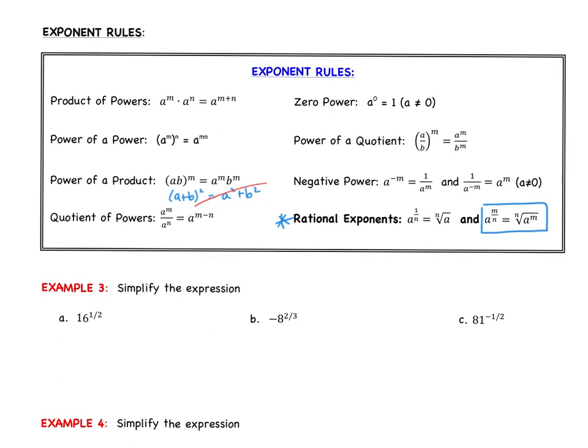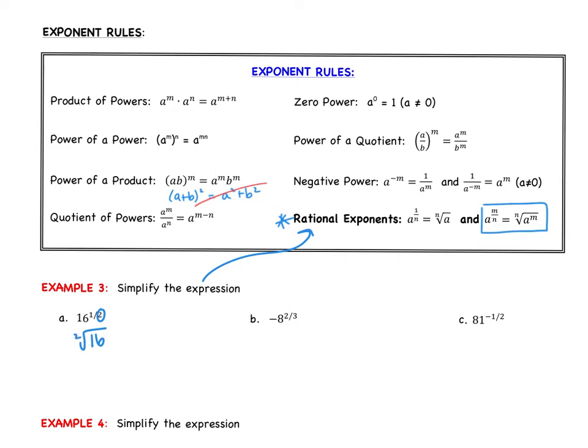Example 3, we are simplifying the expressions using rational exponents. So 16 to the 1/2 power. Another way to write that, 16 to the 1/2 is what's on the left side. We're going to put it in radical form. Since 16 is the base, it goes underneath the parentheses. 2 is the denominator, so that becomes the index out in front.